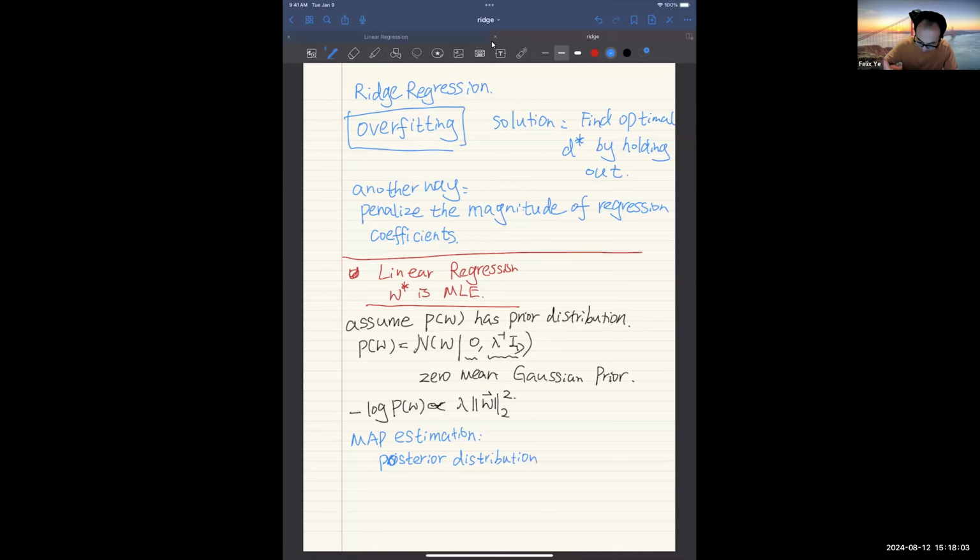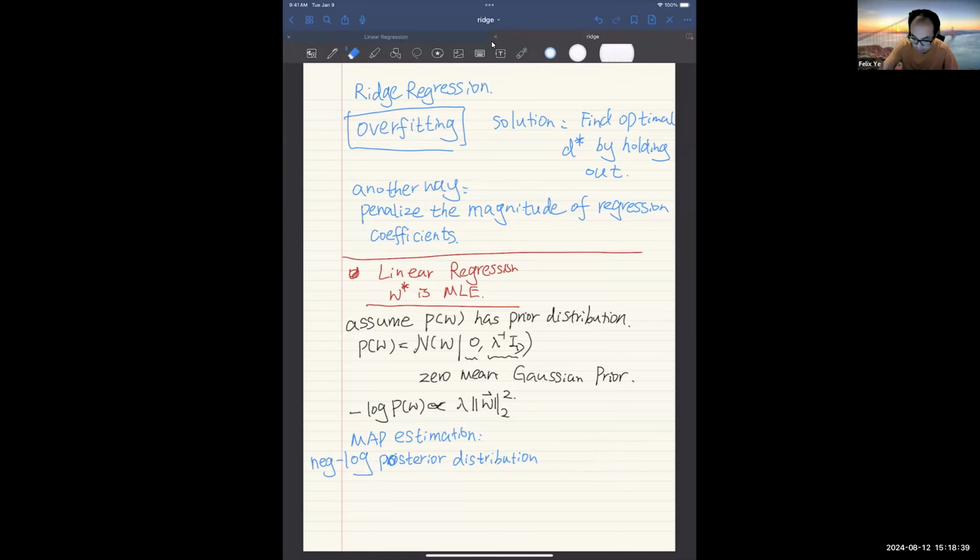And the negative log of the posterior distribution, which is the probability of W given the data D, right? So this is the posterior distribution, and we take the negative logarithm.